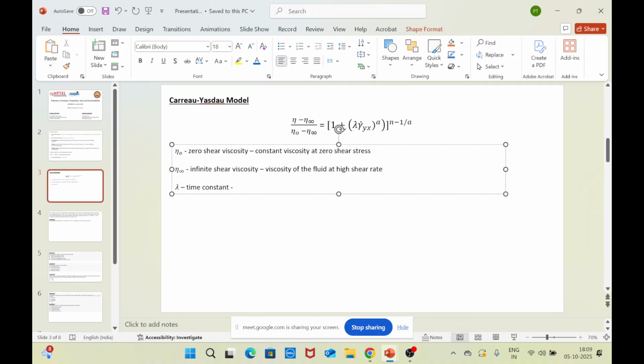And you have n, which is the power law index, and you have the a. A also describes how the fluid transitions from the zero shear stress to the power law region.